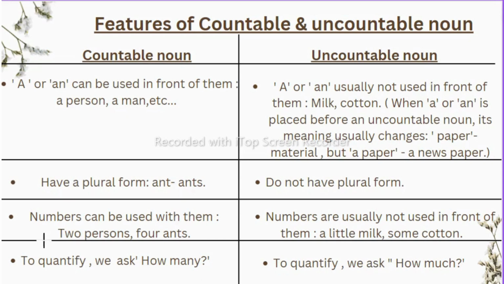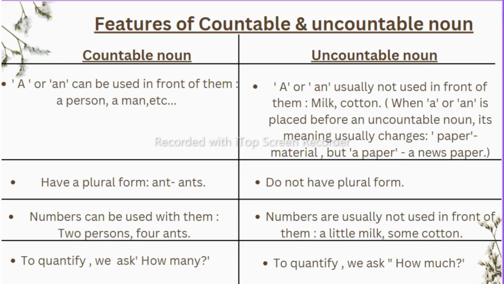The next one is, with countable nouns, numbers can be used, for example 2 persons, 4 girls, 4 ants. But with uncountable nouns, numbers are usually not used. We say a little milk or some cotton, but we cannot say 2 milk or 1 milk.